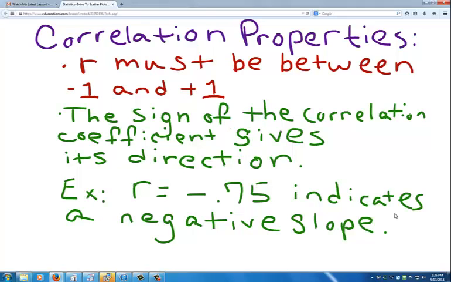Let's look at some of the properties of correlation. Correlation r must be between -1 and +1. The sign of the correlation coefficient gives its direction. For example, if r equals -0.75, this indicates that we have a negative slope.